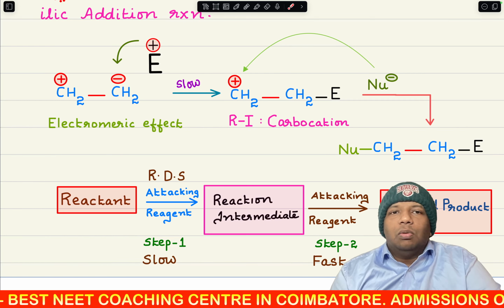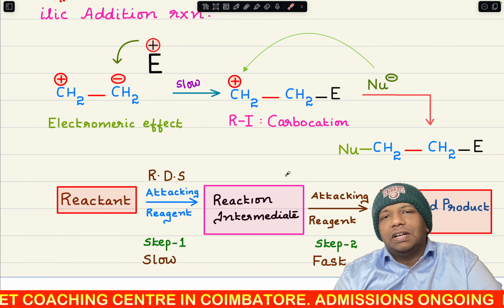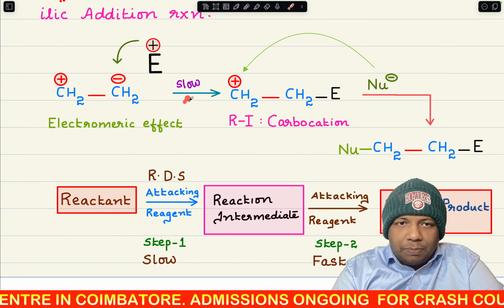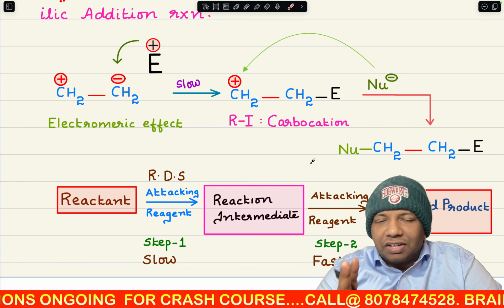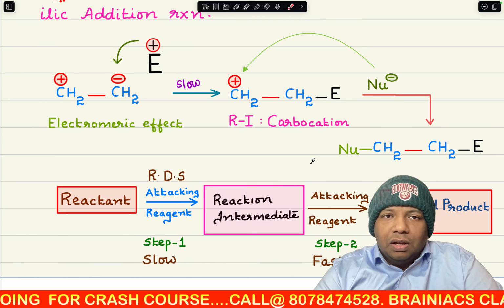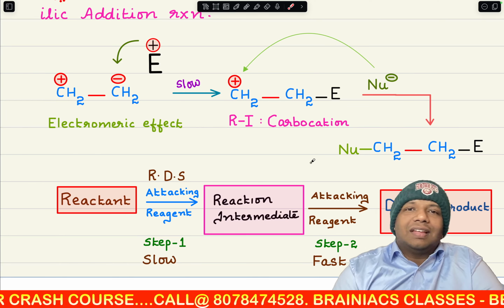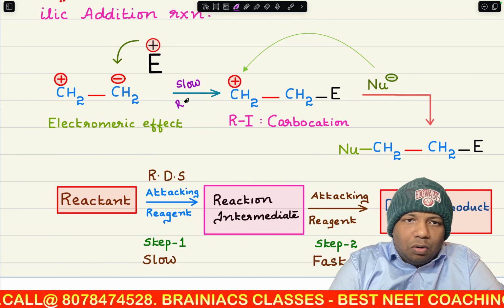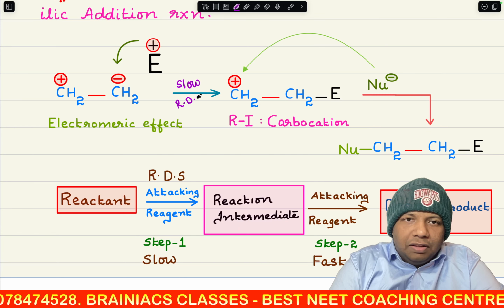Now, if you see this mechanism of electrophilic addition reaction, you can notice one thing. There is one step, this is the first step, and this is the second step. We learned in kinetics that whenever a reaction happens in multiple steps, the slowest step determines the rate. So I can say that this is my RDS, or rate determining step.